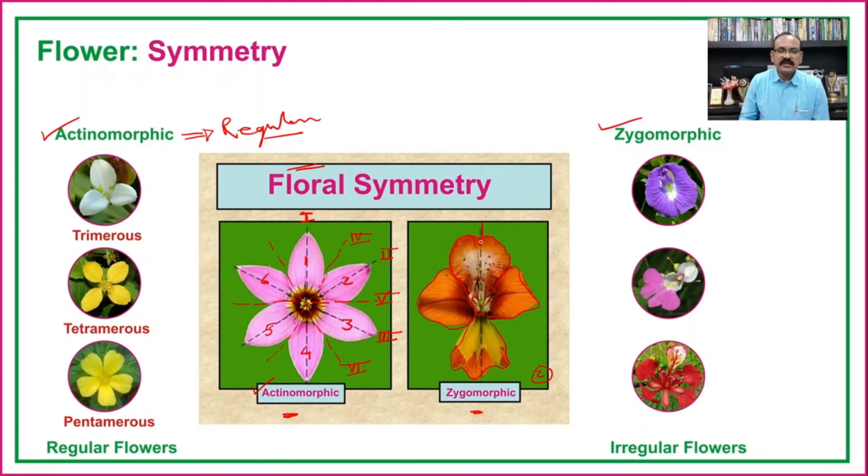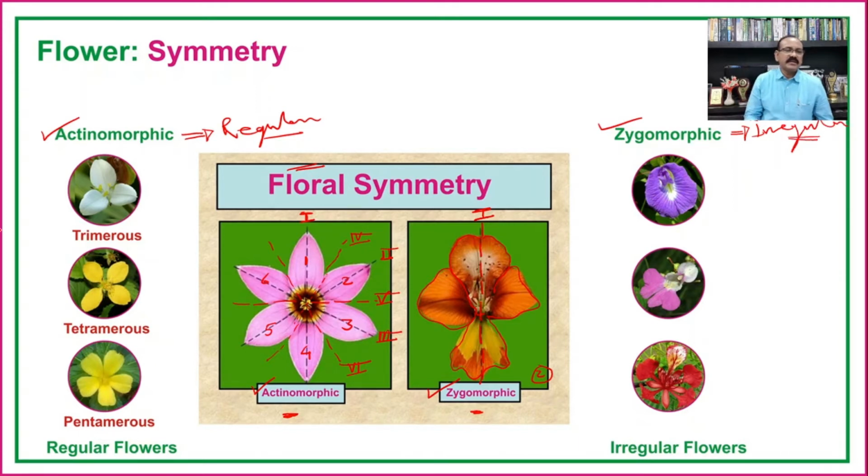So this flower can be divided into two equal parts by only this plane, and no other plane is possible to cut this flower into two equal parts. Such types of flowers that can be divided into two equal parts by only one plane are known as zygomorphic flowers, and zygomorphic flowers are also known as irregular flowers.